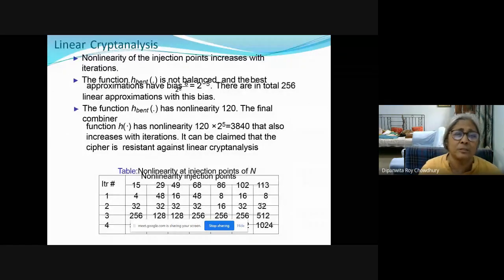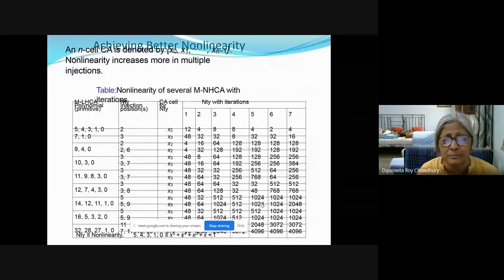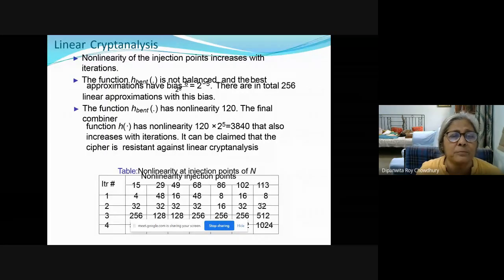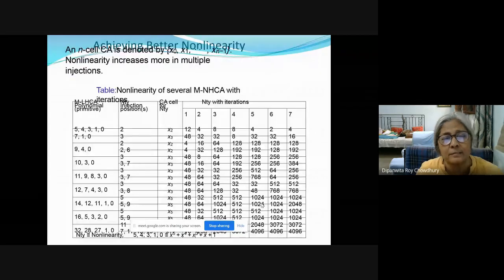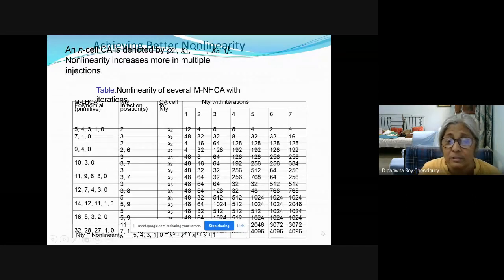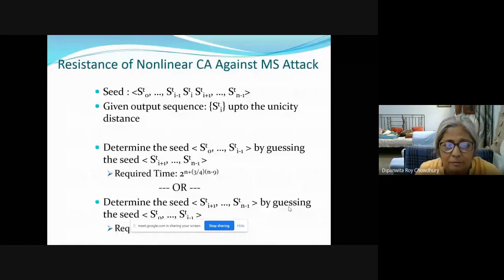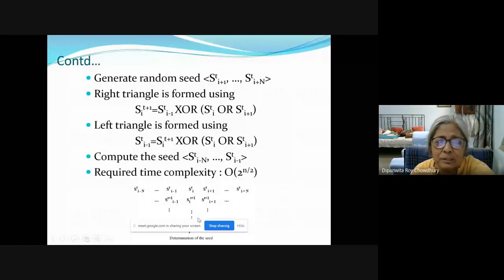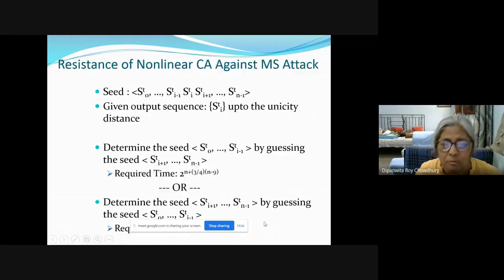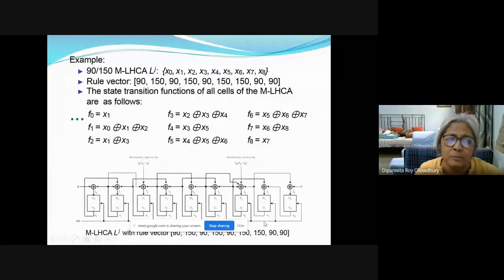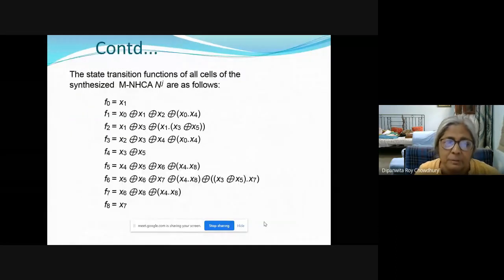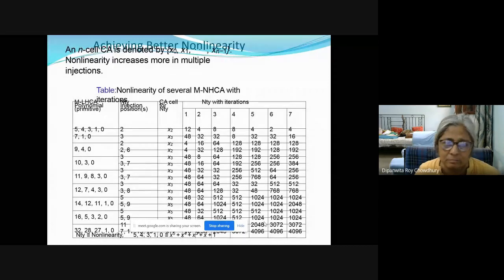So nonlinearity increases, and increased nonlinearity obviously means your security is increased. And we have seen that the MS attack is prevented with this nonlinearity. Remember the attack: the simple thing is whether you can reverse it. If it is more nonlinear, then just after 1 or 2 cycles it is not possible to go back, so you will not get the cipher state.